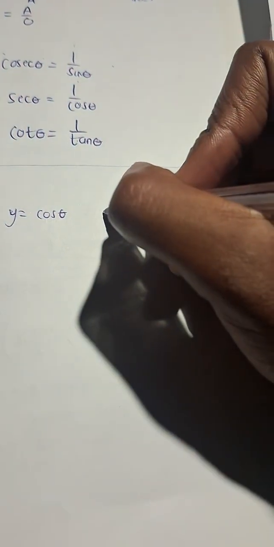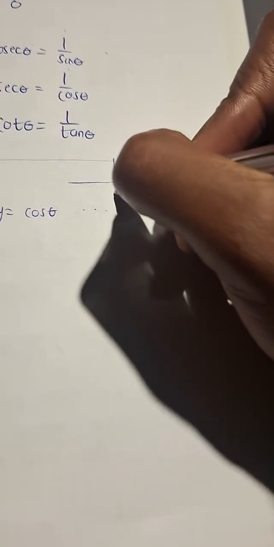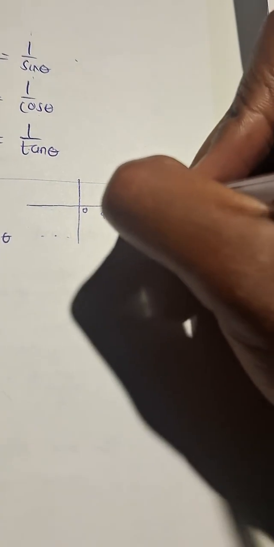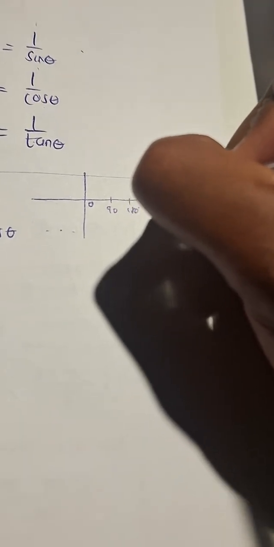Okay, let's look at the function cos theta. Just a rough mother graph, if it starts at 0 all the way, let's say, to 360. So we have 0, 90, 180, 270, 1, negative 1.